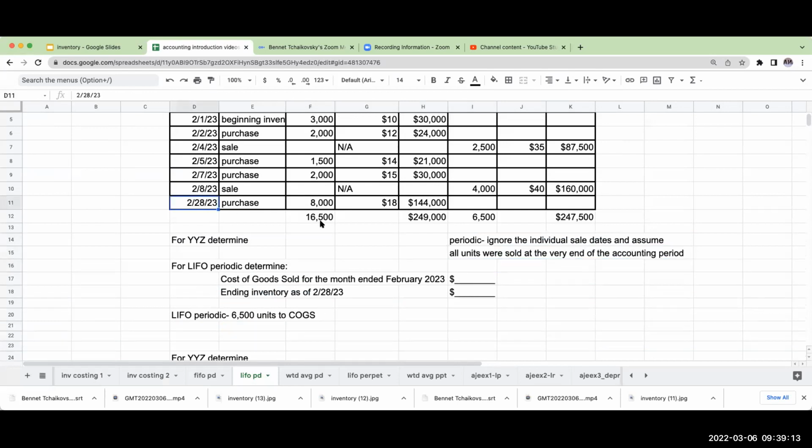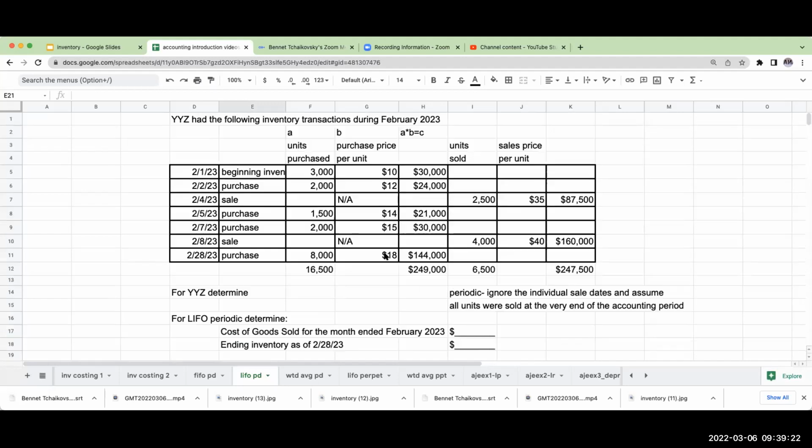So right over here, I'm going to essentially assume that all sales were made at the very end of the month. Now, I need to take 6,500 units to cost of goods sold. Remember, periodic, I'm going to ignore the individual sale dates. I'm going to assume all 6,500 units were sold at the end of the accounting period.